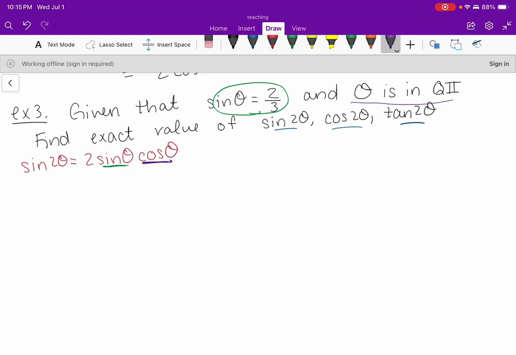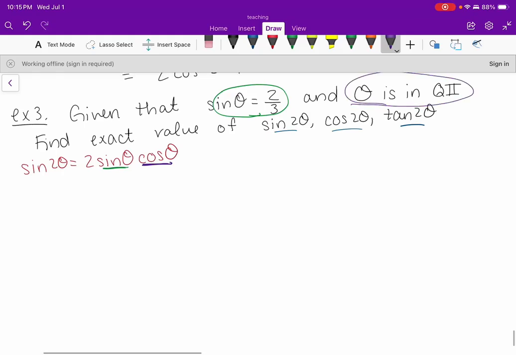So they tell me that theta is in quadrant 2. So I'm going to draw my coordinate plane. Theta is in quadrant 2, so I put it about here. Let's make my triangle. They gave me sine, which is opposite over hypotenuse. So my opposite side is 2. My hypotenuse is 3. I can go find that adjacent side by using Pythagorean theorem.